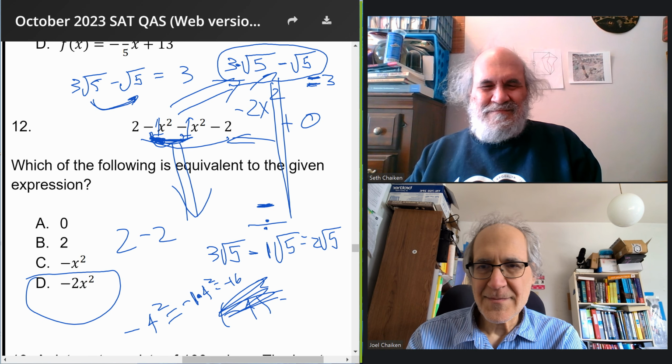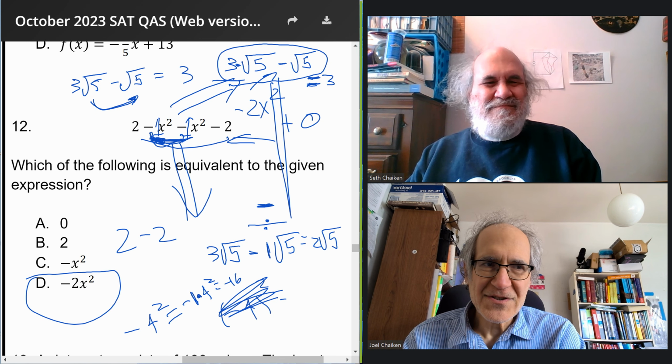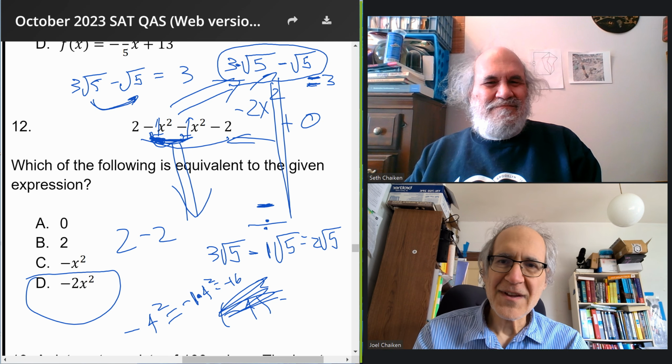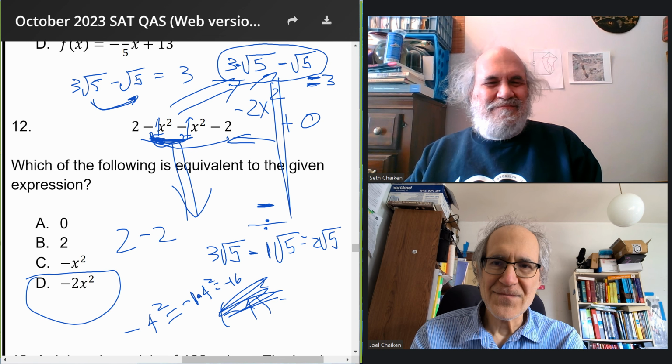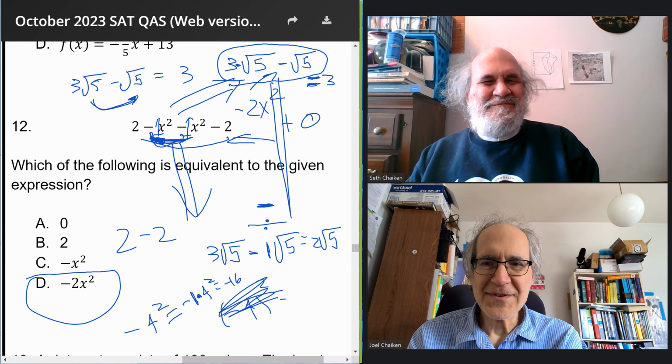And don't be scared to combine like terms, including both constants and variable expressions. The big skill here, on a lot of questions, is following what it says as opposed to what your first impression brain thinks to do. Anything else? I think we're done with this one.